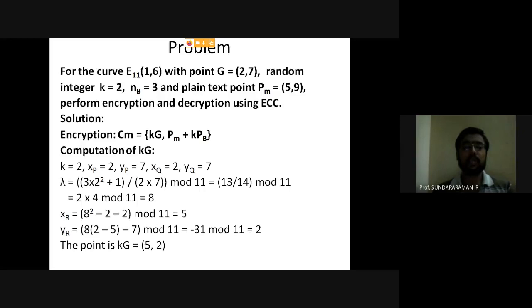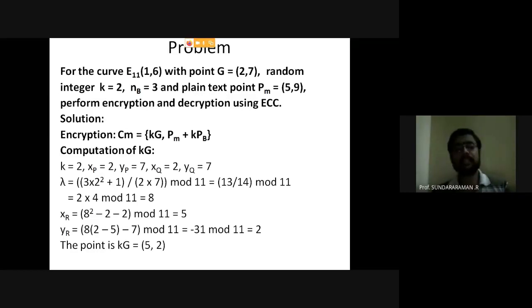So 3 into 2 square plus 1 divided by 2 into 7 mod 11, which gives me a value 8. So 14 inverse mod 11, and of course whenever the inverse modulo comes, you have to apply the extended Euclidean algorithm, right? So 14 inverse mod 11, that is equal to 4. So 13 mod 11 is equal to 2. 2 into 4 mod 11, that is equal to 8.